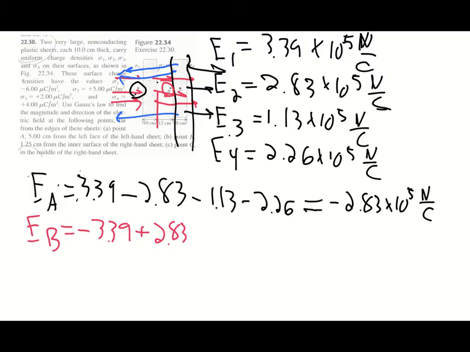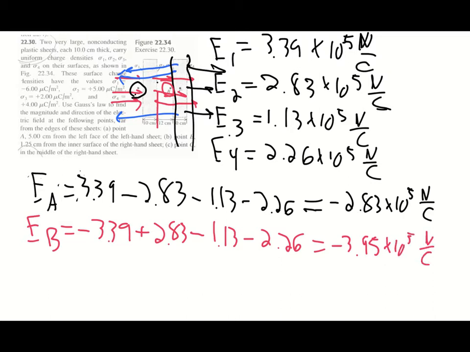Then minus 1.13, because we're heading toward that right-hand center plate. And we're heading to the left from this far right plate, so minus 2.26. All those put together will be minus 3.95 times 10 to the 5th newtons per coulomb.